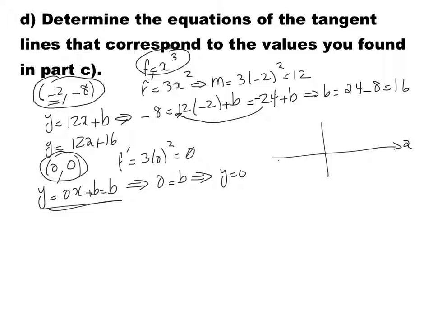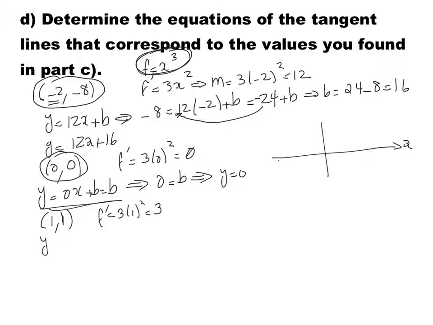And the last one is the point x equal to 1. If x is 1, putting it back again in this equation, 1 cubed is 1, so the tangent has to go through the point (1, 1). And the slope at 1 is f prime, 3x squared, which is 3.